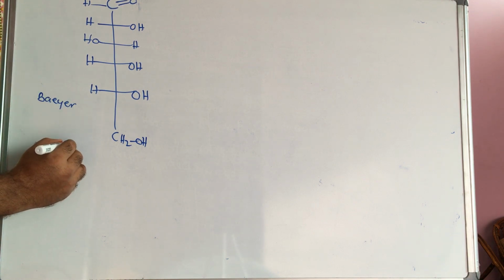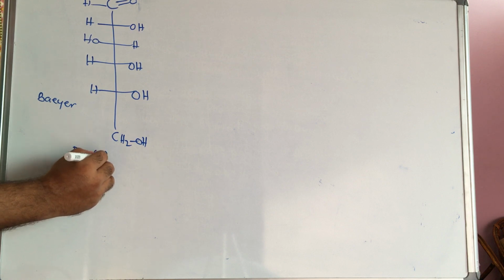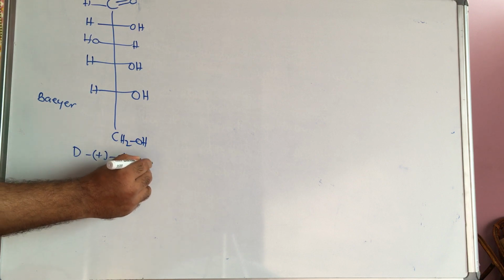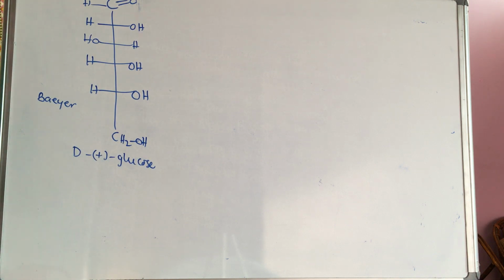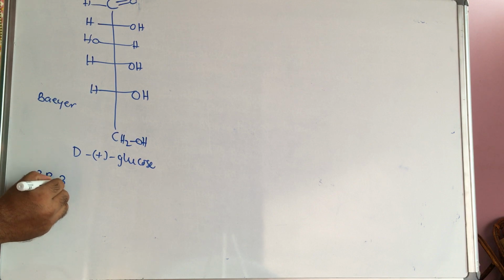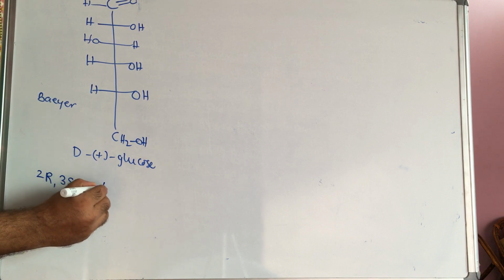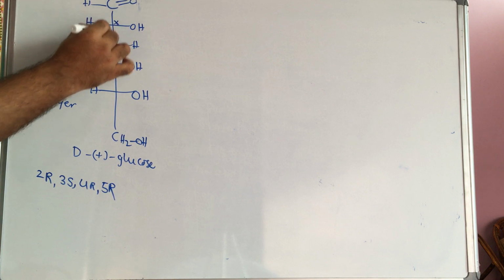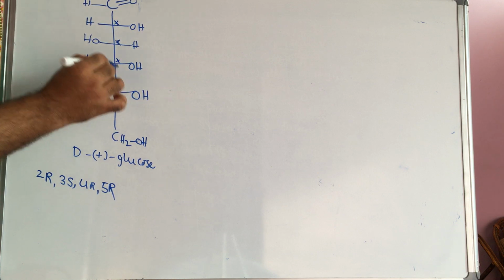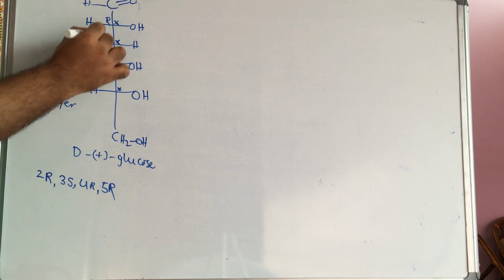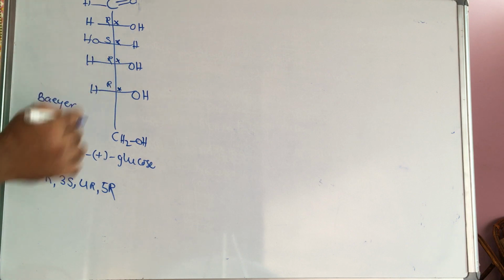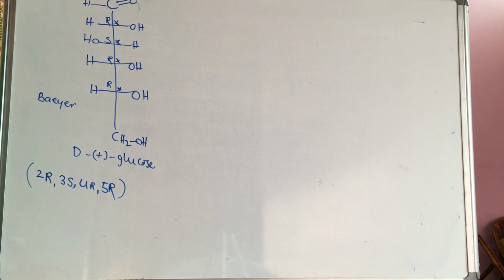It is simply known as D-(+)-glucose. The IUPAC name of this open chain structure is 2,3,4,5,6-pentahydroxyhexanal. I will write the configuration also here: 2R, 3S, 4R, 5R. These are the chiral carbons, with RS nomenclature. So this is R, this is S, this is R, this is R. These are the RS configurations.